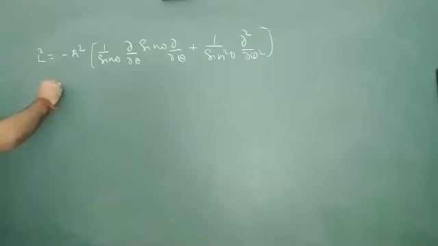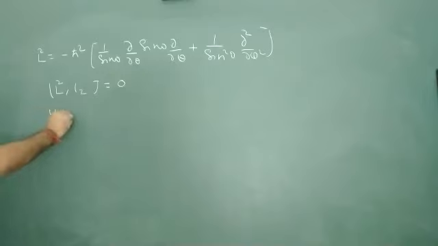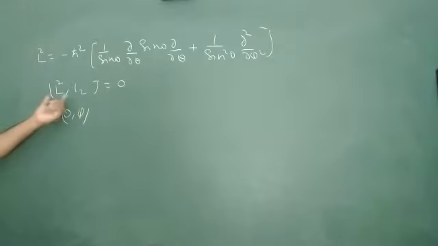So L square and Lz are going to commute, and let's say ψ(θ, φ) is the eigenfunction. Since they are commuting, the eigenfunction of Lz will also be an eigenfunction of L square.